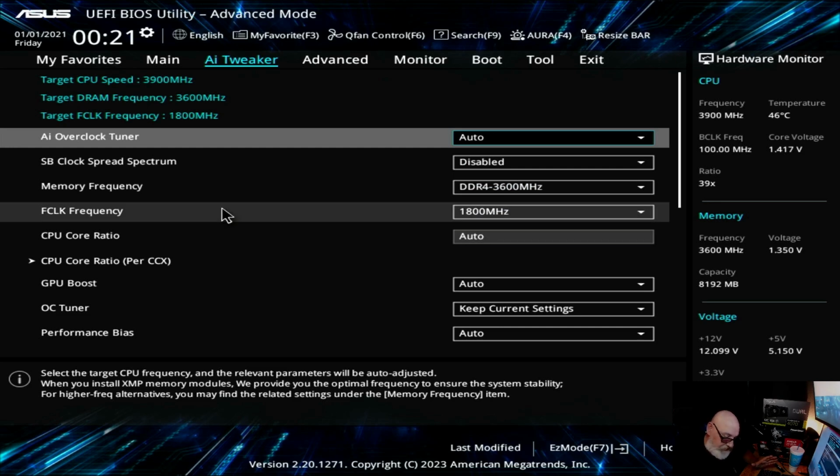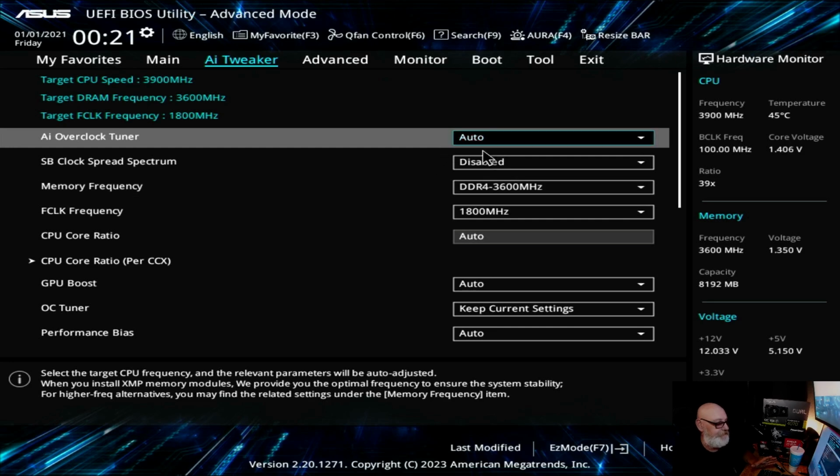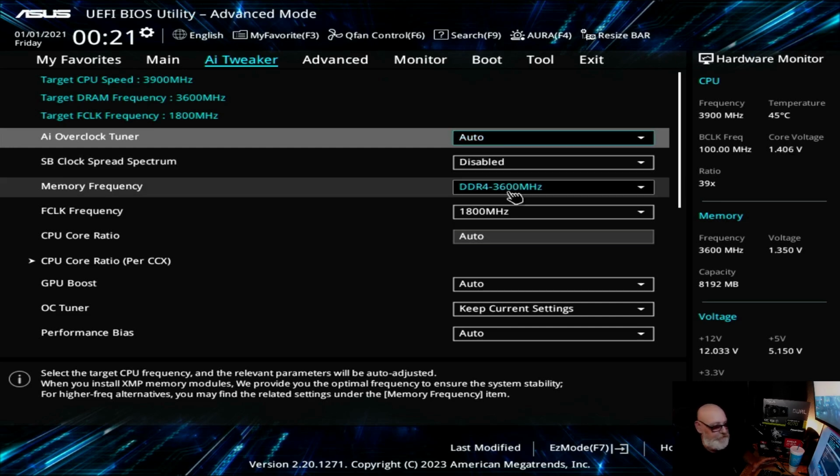There are only two things you have to adjust. Leave everything else on auto. You don't need EXPO or any of that other stuff, because this keeps a constant timing. It keeps it continuous and constant, so it's not fluctuating. It keeps it right there at its top, and you run it continuously like that.